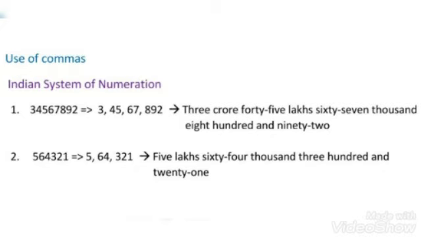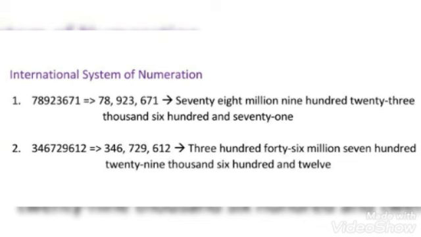But for the international system, we will go by 3 digits. Let us see the international system of numeration. See, in this system, from the right side you place the places: ones, tens, hundreds, comma, thousands, ten thousands, hundred thousands, comma, then million, ten million, like this, keep going.